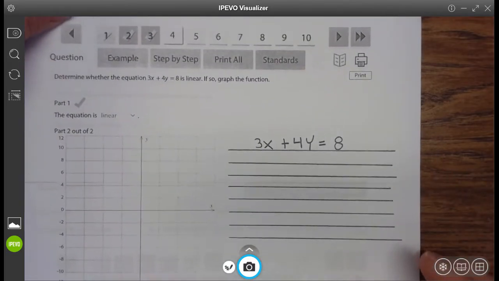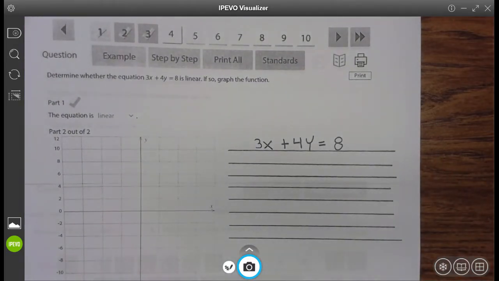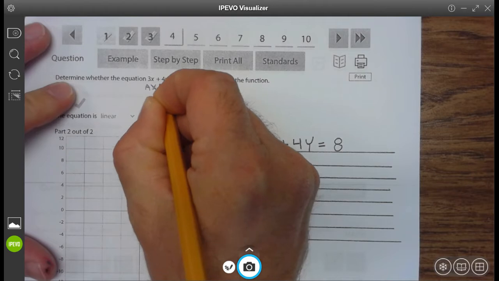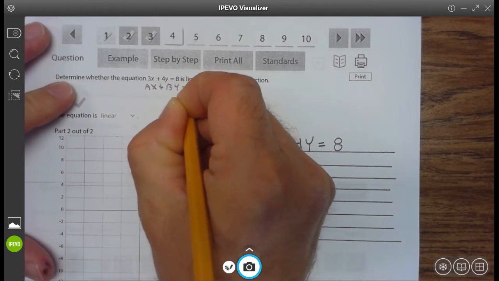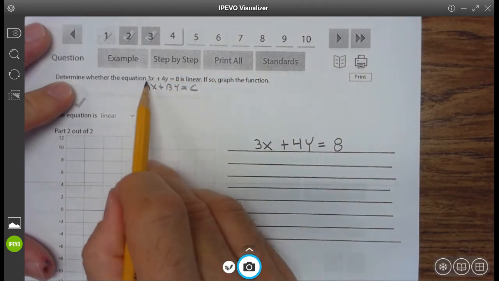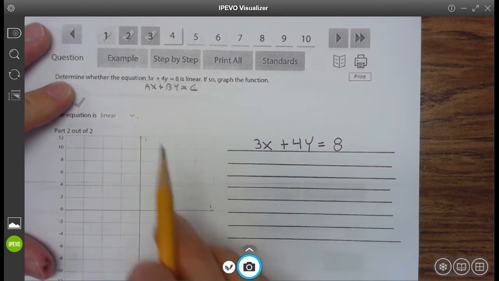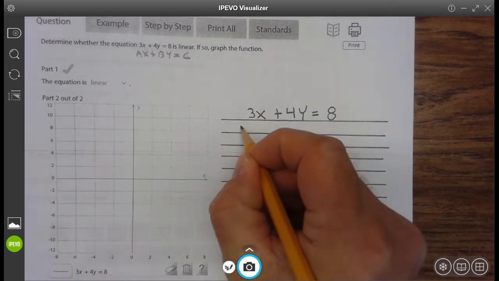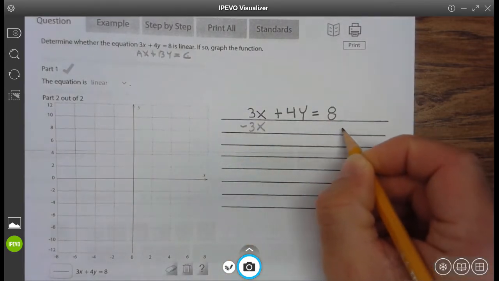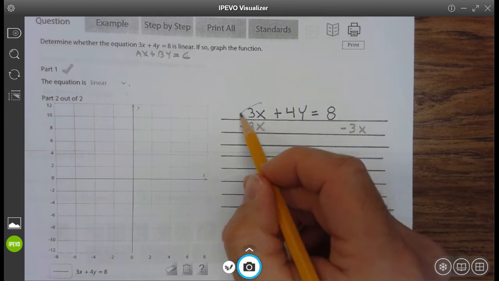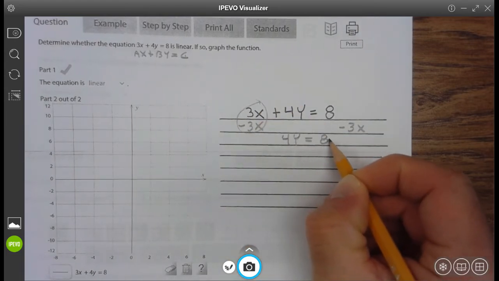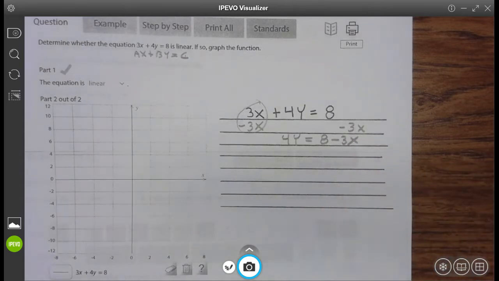All right. Example 4. Determine whether the equation 3x plus 4y equals 8 is linear. If so, graph the function. The equation is linear because it's in the form ax plus by equals c, where a is 3, b is 4, and c is 8. All right, now step 2 to graph, we need to solve for y. So we're going to subtract 3x from both sides. We get 4y equals 8 minus 3x.